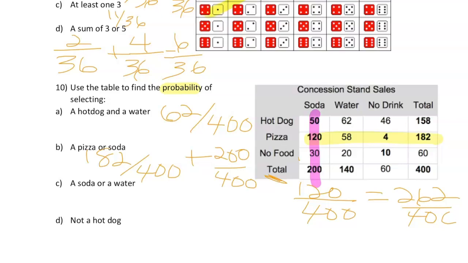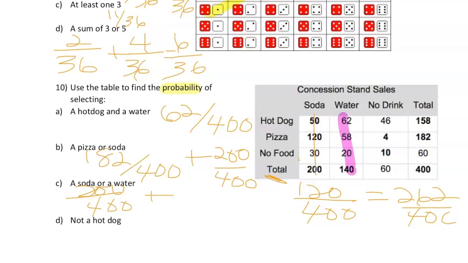Same idea. A soda or a water. Now I said same idea, but is there any overlap? So here's where the soda is, right? There's 200 of those. So that's going to be 200 over the 400. Or a water.